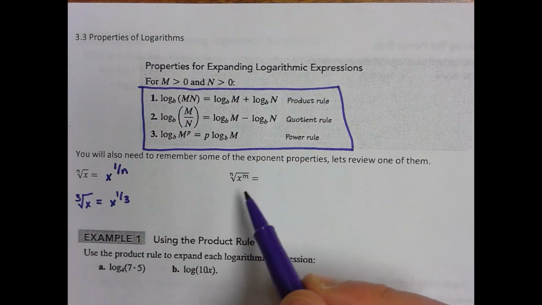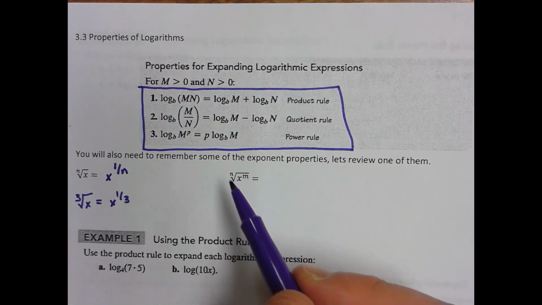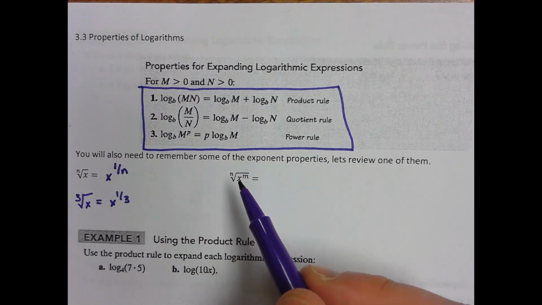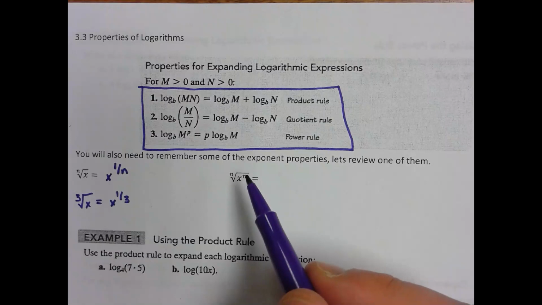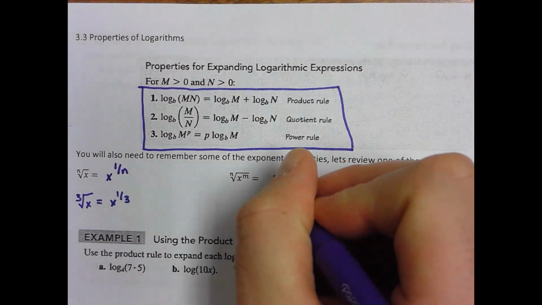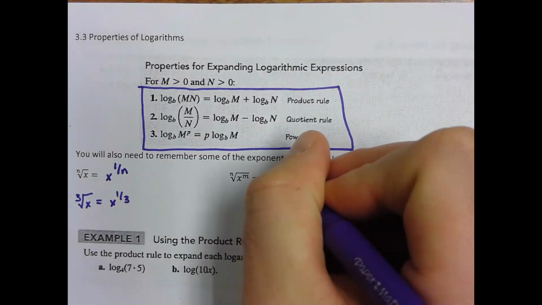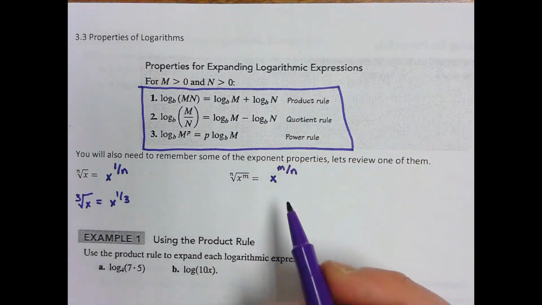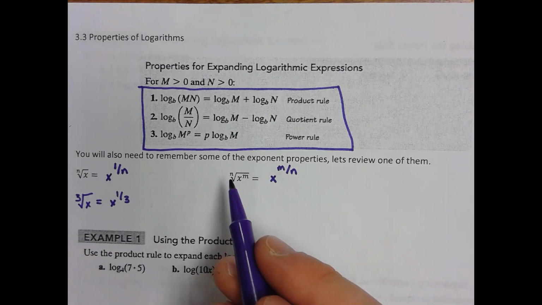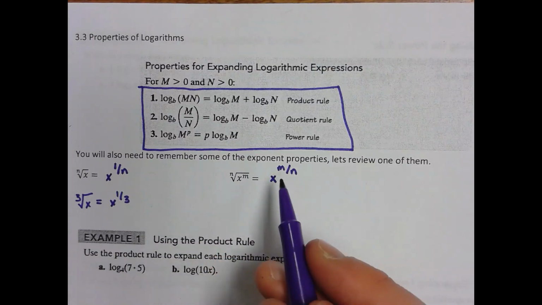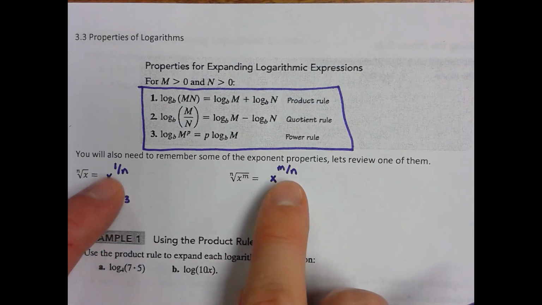Now, another one that can be kind of tricky here is if we have the nth root of some value raised to an exponent. So if I have the nth root of x to the power of m, that can be rewritten as x to the power of m divided by n. So the exponent becomes the numerator, and the value of whatever root we're taking is the denominator. We should see that consistency here, okay?